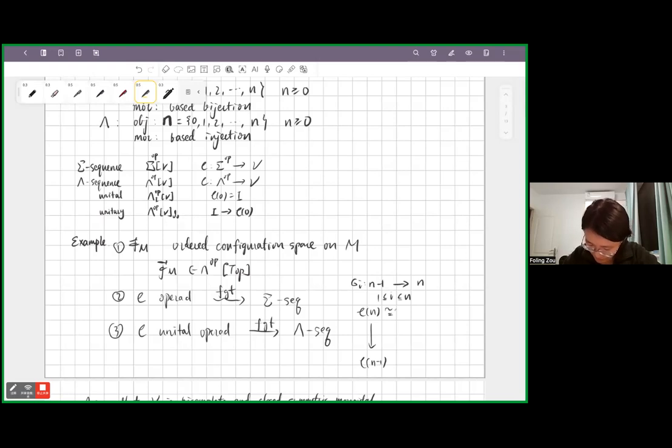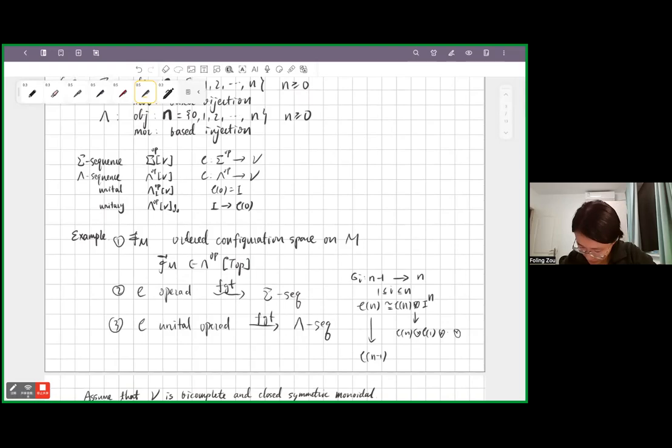Basically, Cn is isomorphic to Cn tensor I to the n, and then we map the I to C1 using eta, and at the i-th slot we use the isomorphism of I with C0, and at the other slots we use eta.